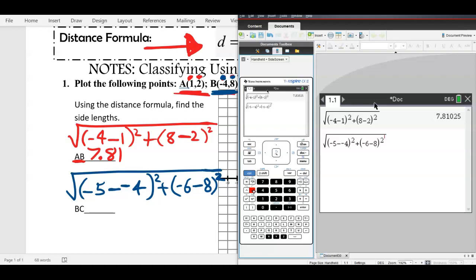See the little differences between minus and negative, okay? Go ahead and type those in, see what you get. If you typed it in correctly, you should get 14.032.